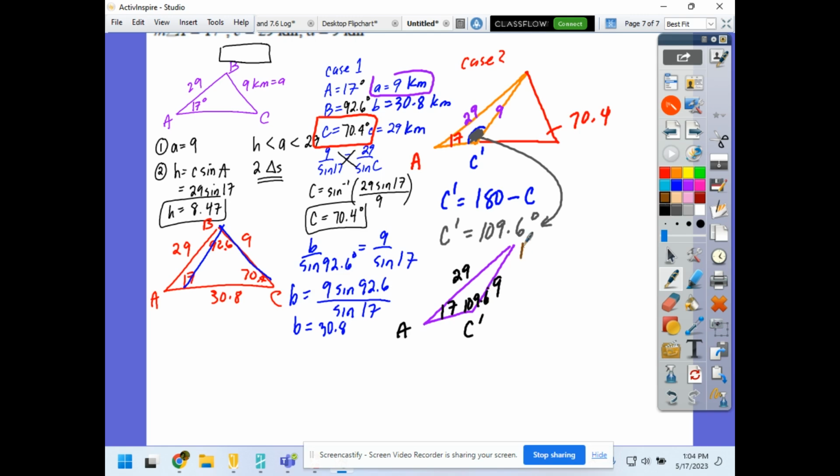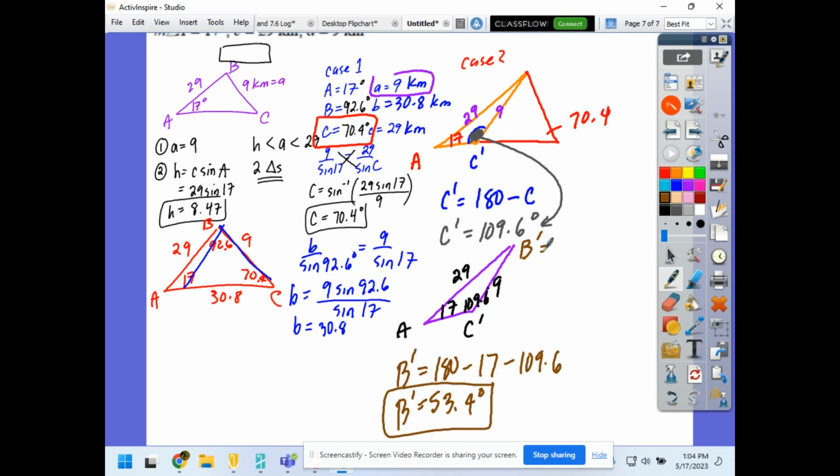And for us to get the new B prime, it's 180 minus 17 minus 109.6. That gives you B prime to be 53.4 degrees.